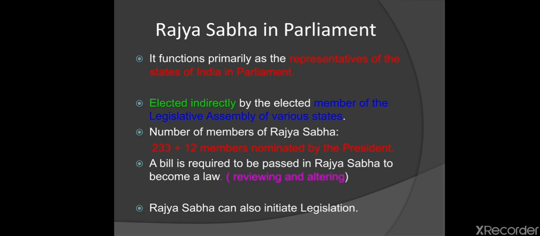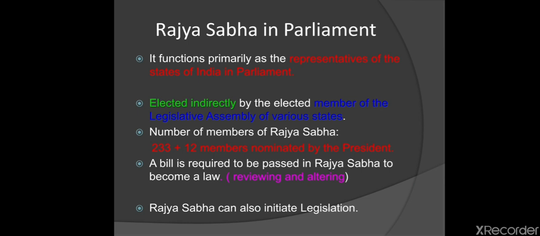So at the state elections, when we choose the MLAs, these MLAs from the different areas of the district choose one member to be sent to the Parliament. I hope it's clear that it is elected indirectly by the elected members of the legislative assembly.